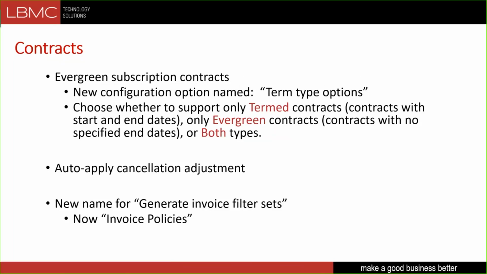So this particular enhancement came from the community, came from an idea submitted by you to simplify evergreen contracts, which are those that are indefinite. They have no ending period, so they go on into perpetuity like an evergreen tree.